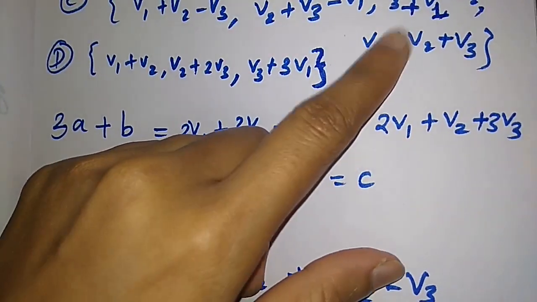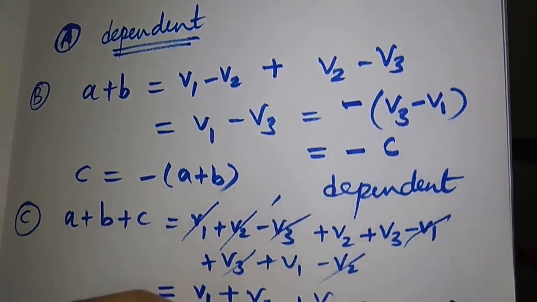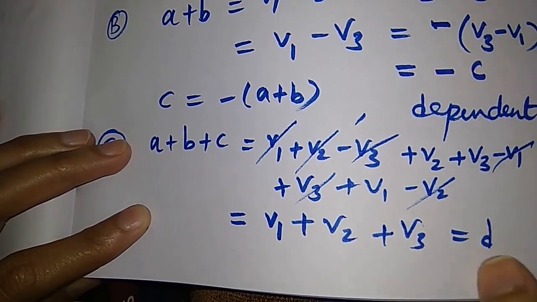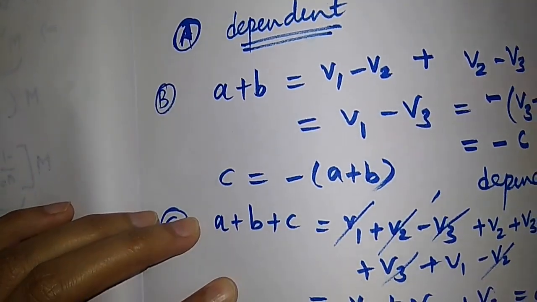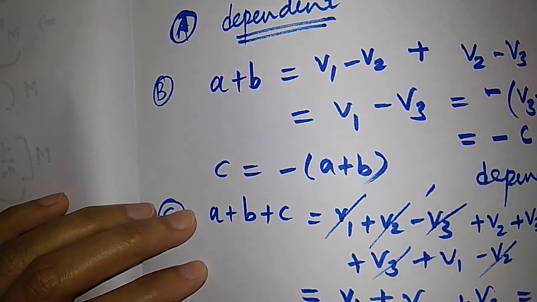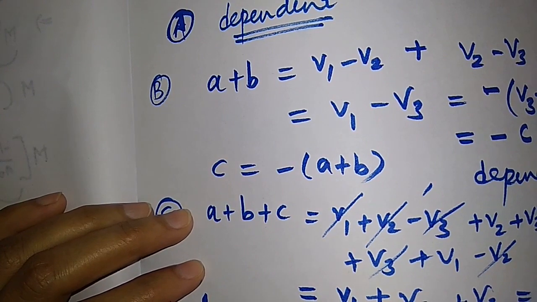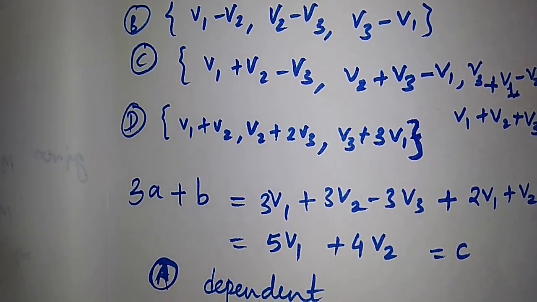This is nothing but the fourth vector, so this is equal to D, and hence we can express D as a linear combination of A, B, C. So this is also a dependent set.